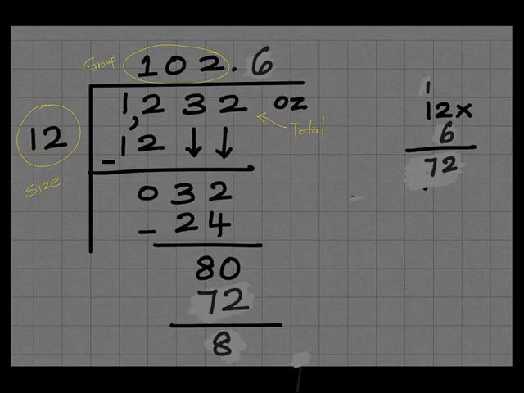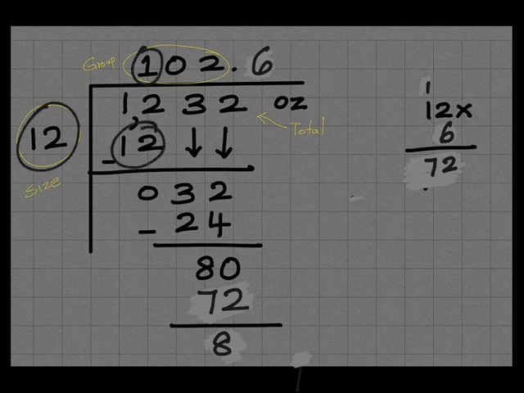Okay, this is how we divide the number 1,232 by 12. If you see, 12 times 1 is 12. So let us write the 12.